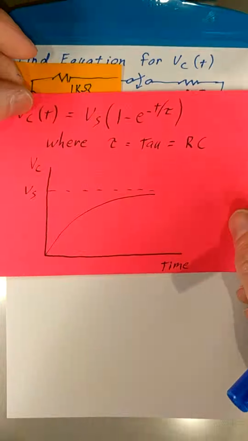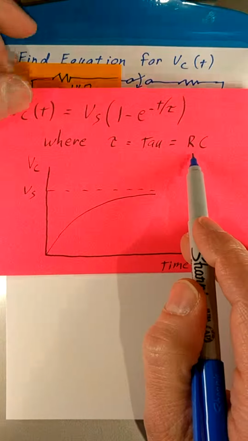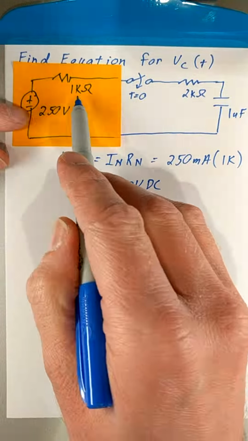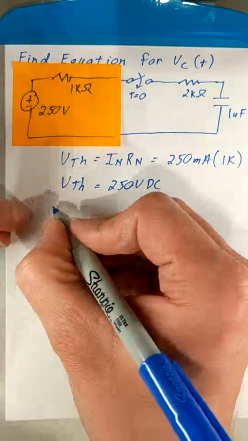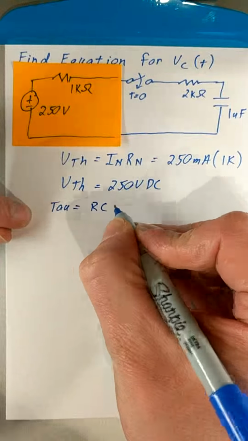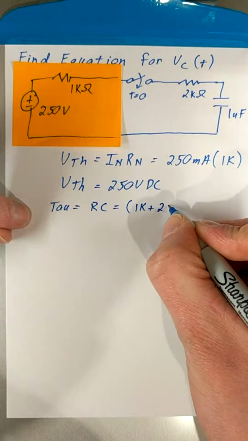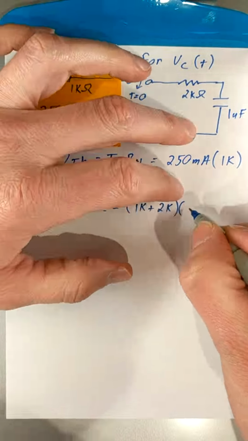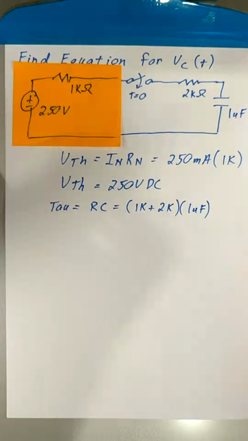Going back to our note card, we next want to calculate tau, which is the product of R and C. If you look at this circuit, you'll see that there are two resistors in series and then one capacitor. So tau is equal to RC, which is 1K plus 2K multiplied by the capacitor, 1 microfarad.